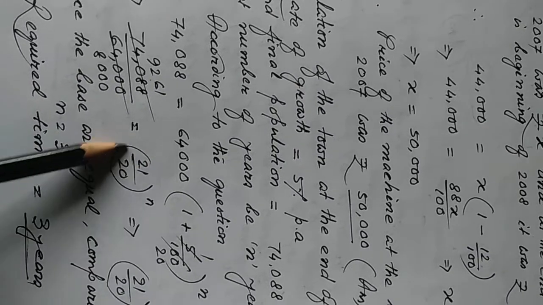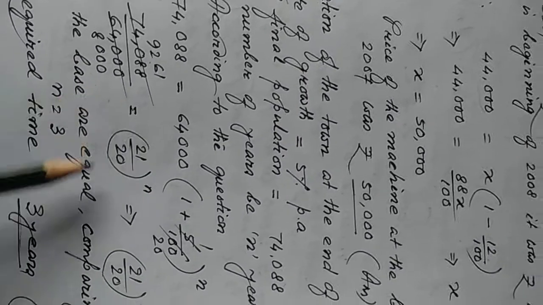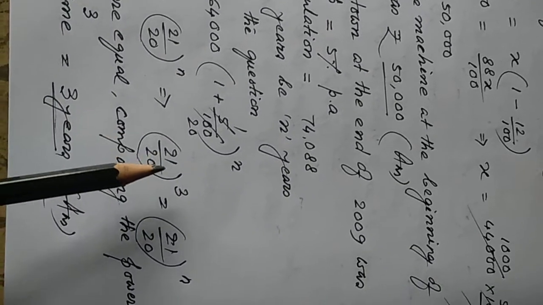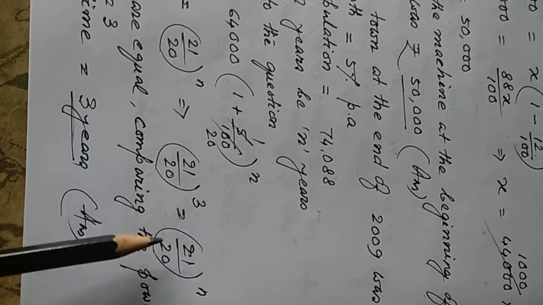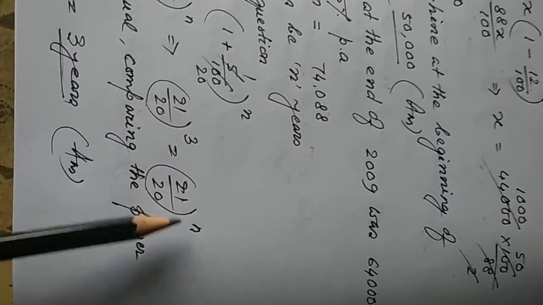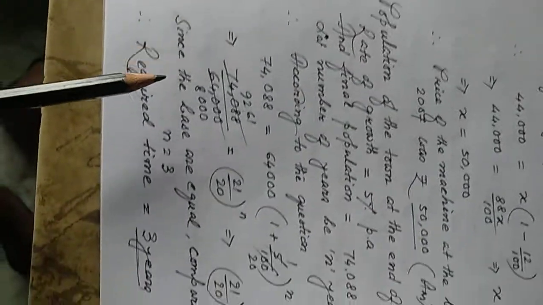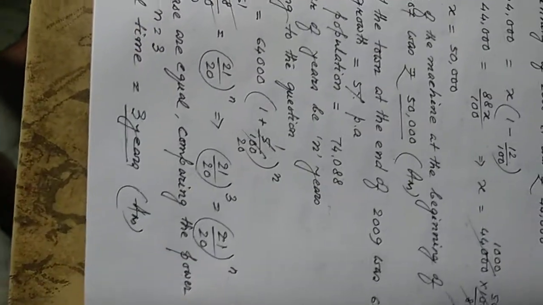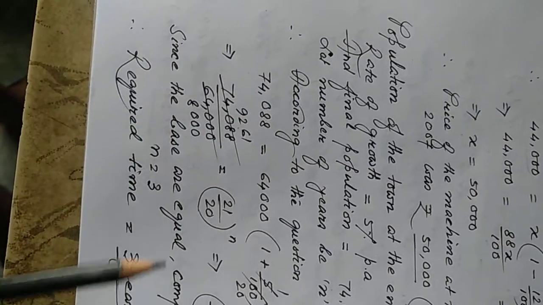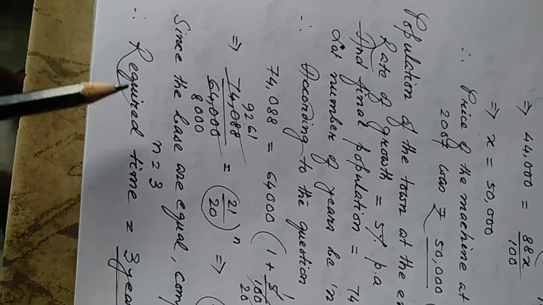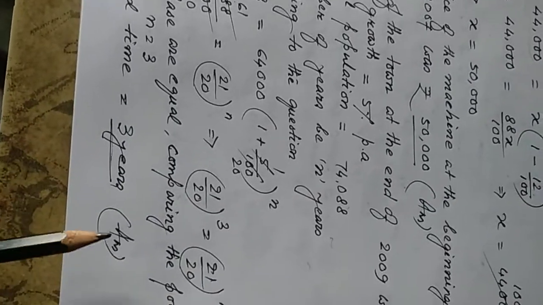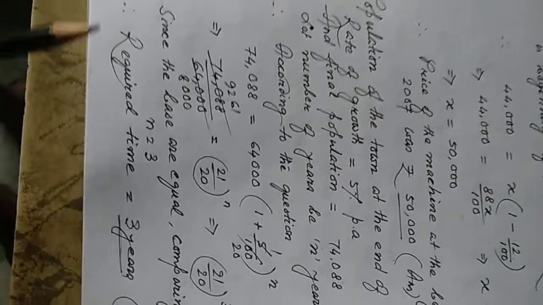So I represent it like 21 by 20 cube equal to 21 by 20 to the power n. So as the bases are equal, I compare the powers. Since the bases are equal, comparing the powers, we are getting n equal to 3. Therefore the required time equal to 3 years, and this is the answer.